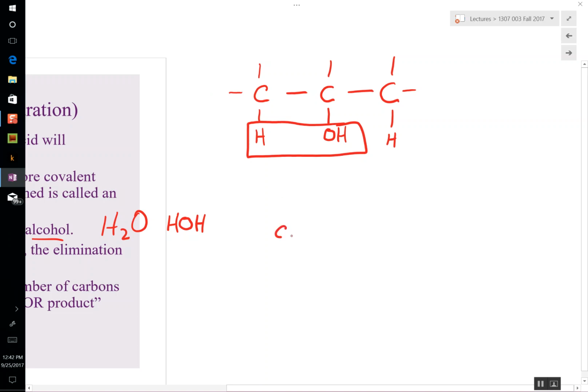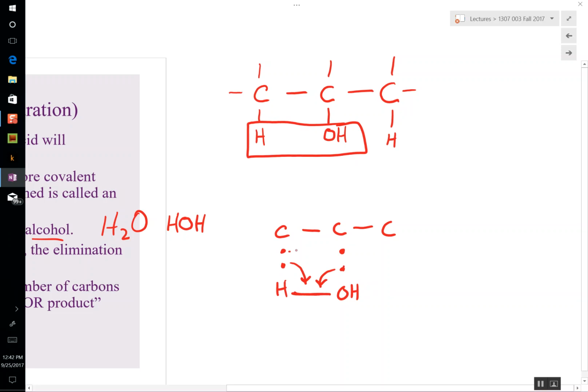And the way that proceeds, you know how I am with the dots. That line is 2 electrons. This line is 2 electrons. For that water to go away, the hydrogen and the oxygen need to form a bond, which needs 2 electrons.